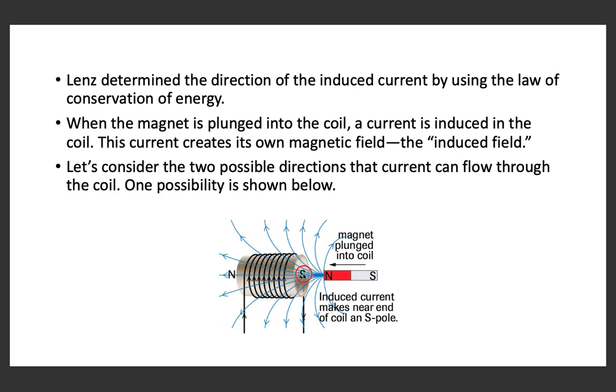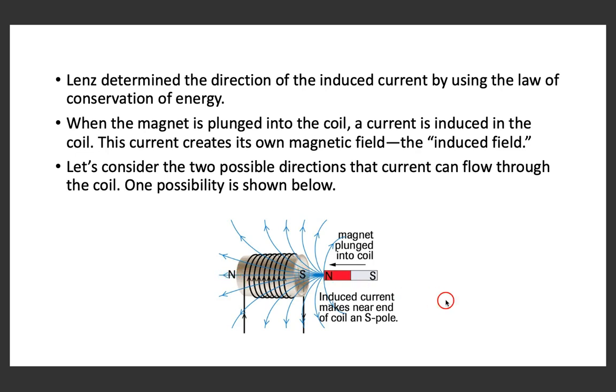Okay, we've talked before about how the magnetic field generated from a solenoid looks like a bar magnet. And so we're considering the case first where the induced current is creating a magnetic field that looks like a bar magnet with its south end here and its north end here.